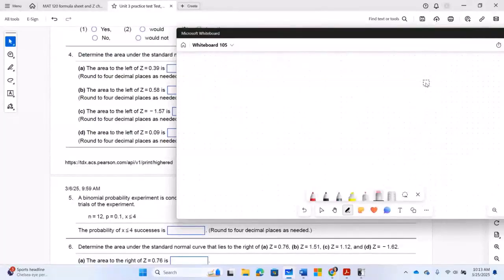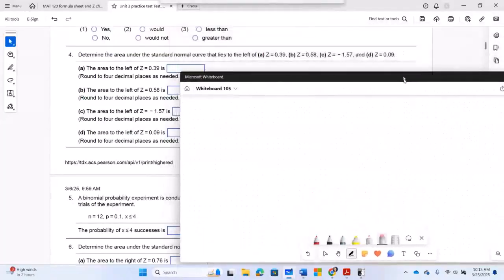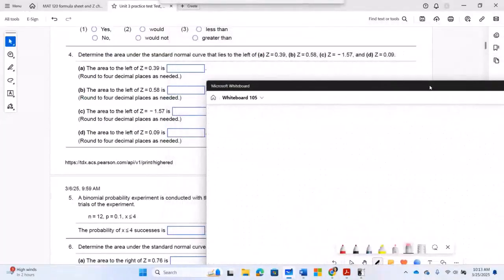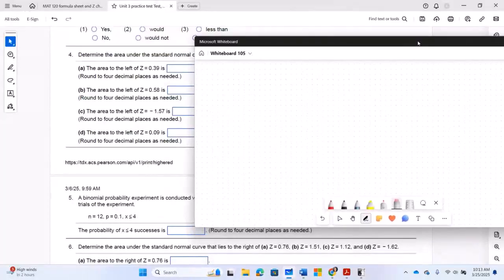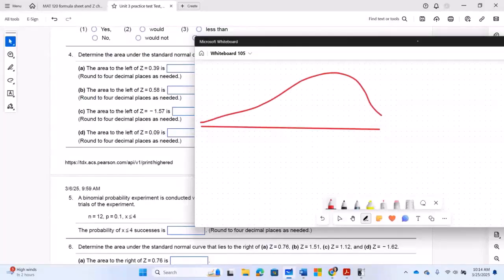Okay, and then this question says, let's start from A, the area to the left. So anytime you are told to find the area to the left, first of all, it's a normal curve question. The first thing I want to do is draw a normal curve. It doesn't have to be perfect, like mine is not perfect.